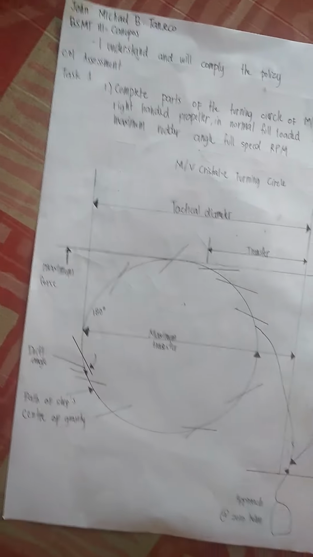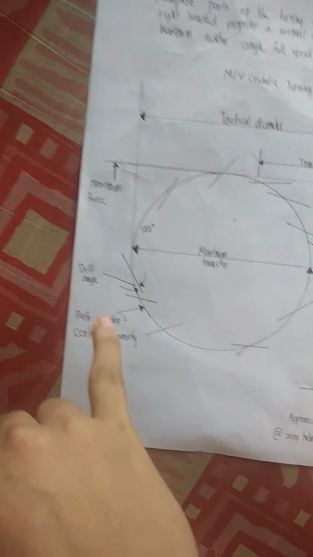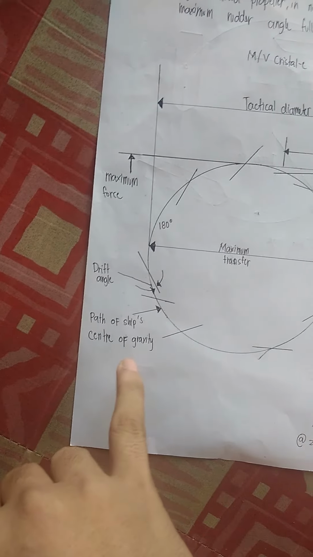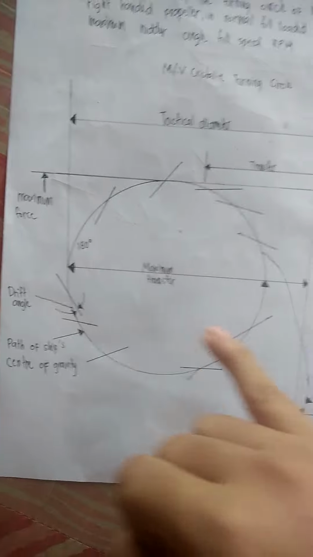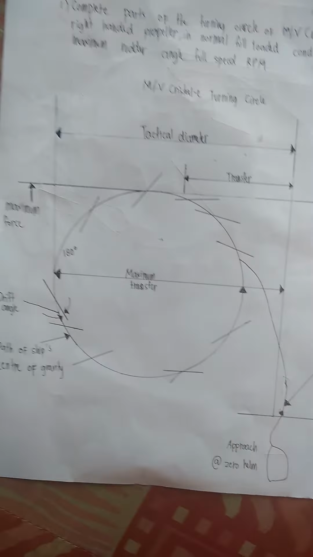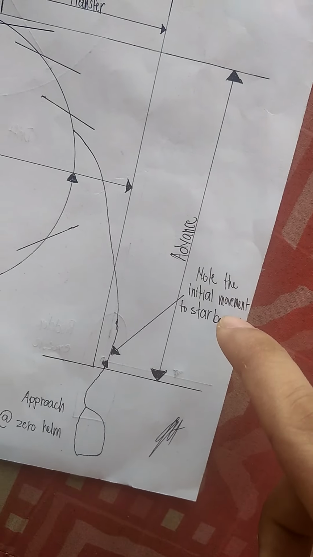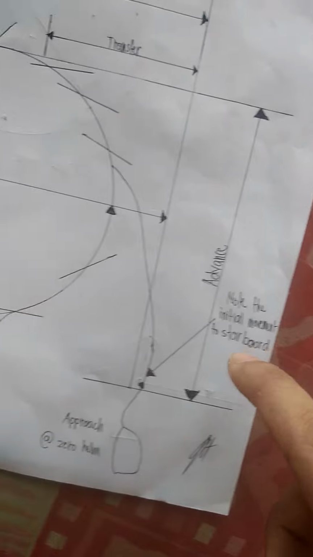And as you can see, this is the tactical diameter, the transfer, maximum force, and the drift angle, path of ship's center of gravity, maximum transfer, and 180 degrees, and then the advance, the approach, note the initial movement to starboard.